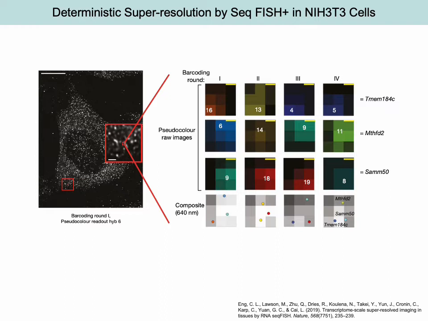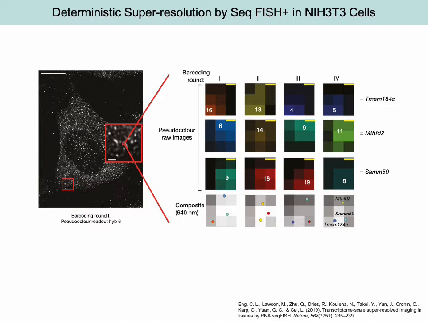One is using the traditional blinking, like PALM and STORM mechanisms, where you have a single fluorophore that blinks on and blinks off. You could do super resolution that way, but the problem is that you have to detect a single dye molecule, which seems pretty easy, but it's actually very hard to achieve in single cells.